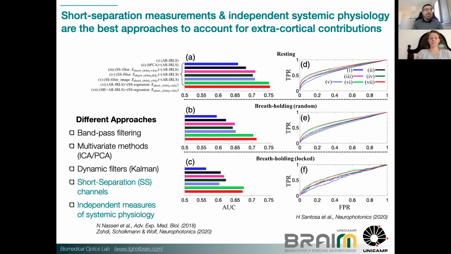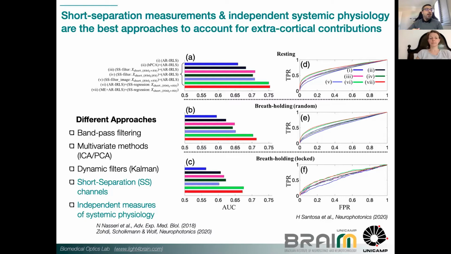We can start with very basic filtering of the time series, like bandpass filtering, and go to short separation measurements: position one detector very close to the source, which therefore will not have any information from the cortex. We can use this extra information that is 100% of extracortical origin and use it to regress any extracortical contributions. And this actually seems to work very well to account for these extracortical contributions to the fNIRS signal.